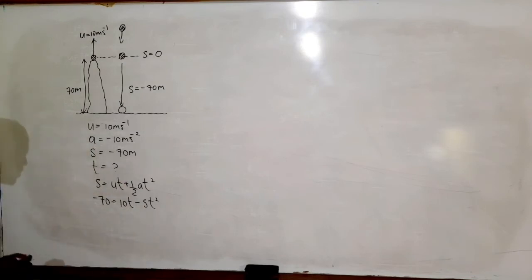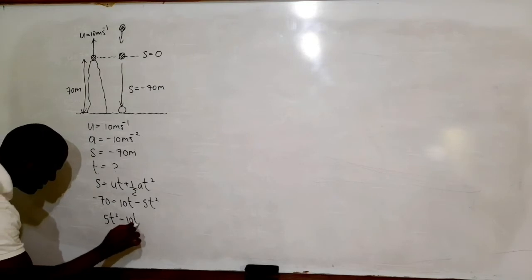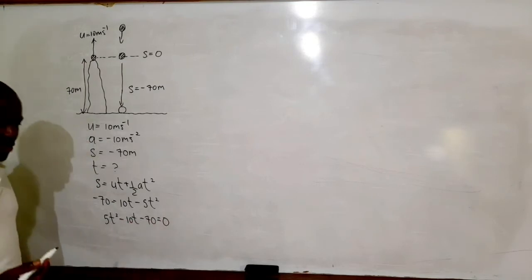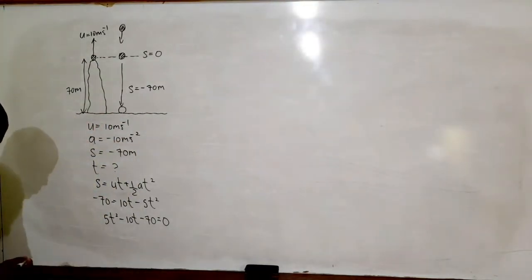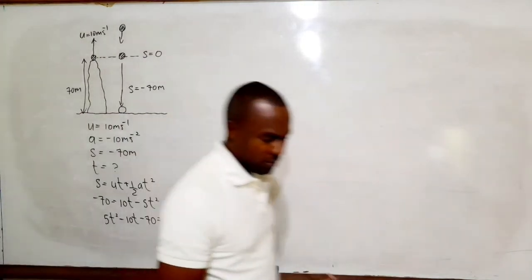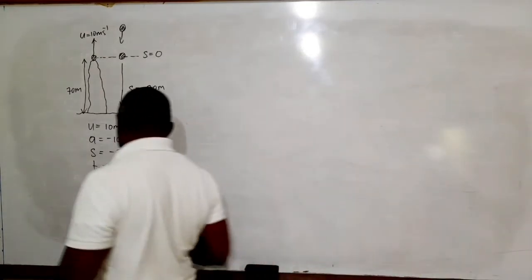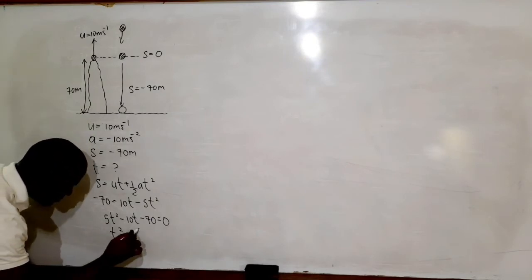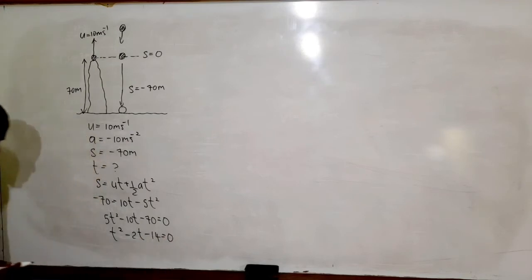We bring all the terms to one side, and so we have 5t squared minus 10t minus 70 equals 0. We can simplify this equation by dividing through by 5, and so when we do that, what we get is t squared minus 2t minus 14 equals 0, right?